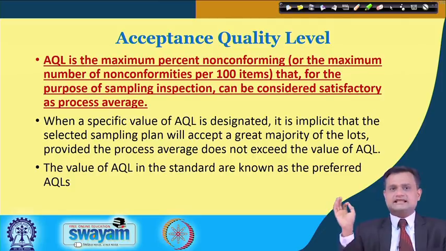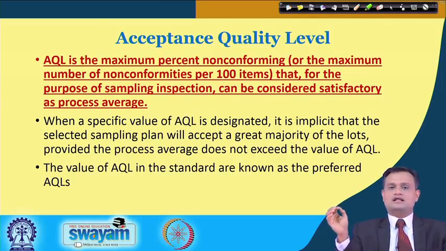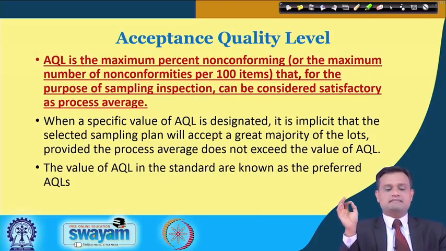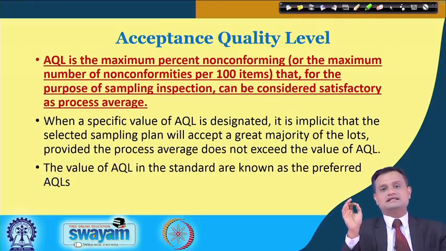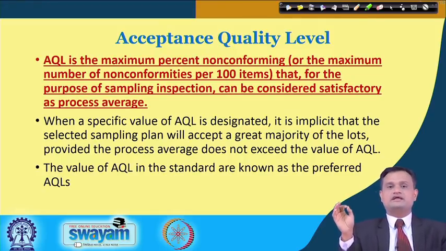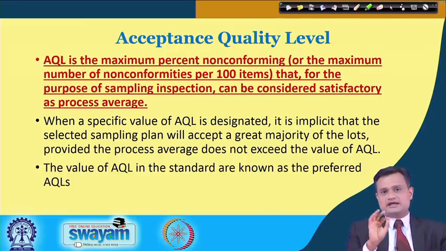I would like to remind you of the important term, acceptable quality level. AQL is the maximum percent non-conforming, or maximum non-conformities per 100 items, that for the purpose of sampling inspection can be considered satisfactory as a process average. I am just trying to set the parallel between these two.